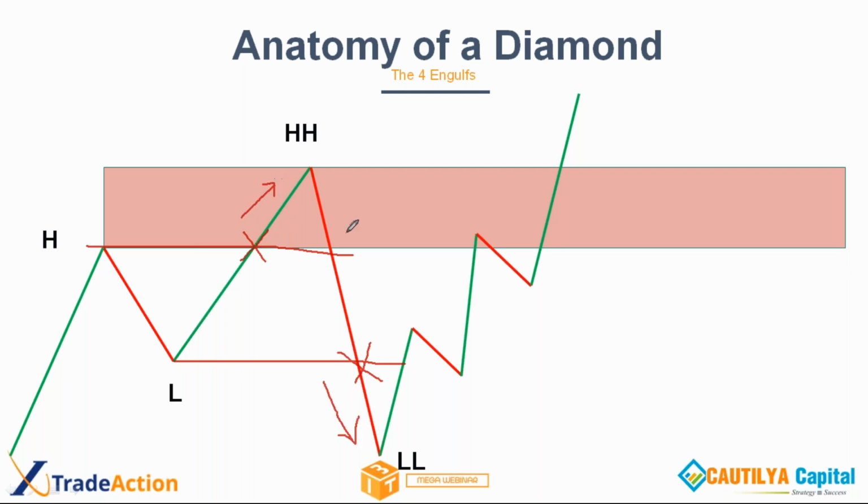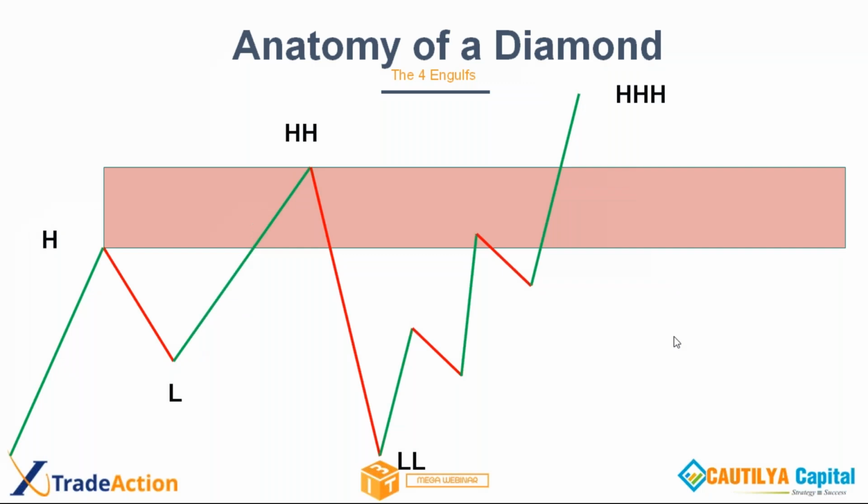Now the third cheating is happening: there can be breakout traders here who want to trade a breakout. When this goes up, breakout traders will jump in, but from there price will technically reverse to fill all the pending orders.